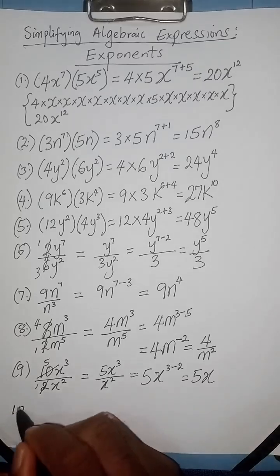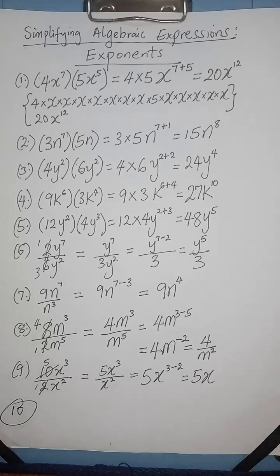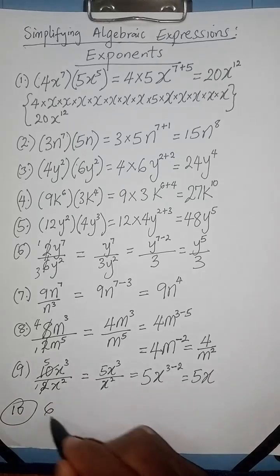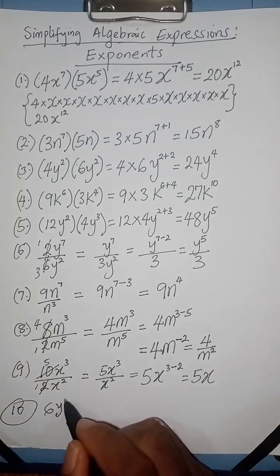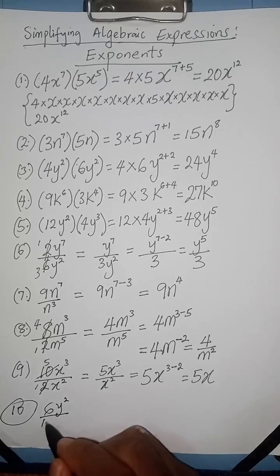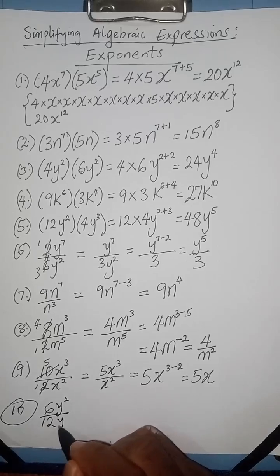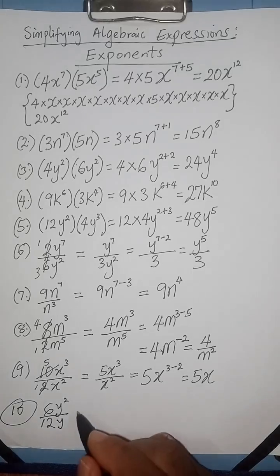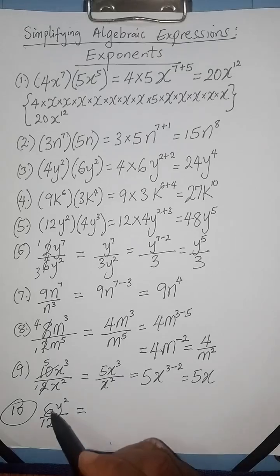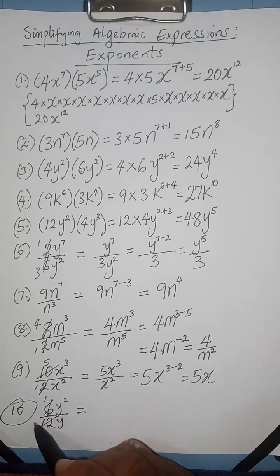Let's do the last one, the last example. The last example is 6y raised to power 2 over 12y. That's the question. This will become, 6 can divide 6 to be 1, and 6 can divide 12 to be 2.